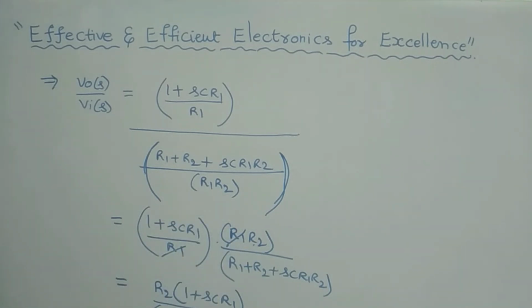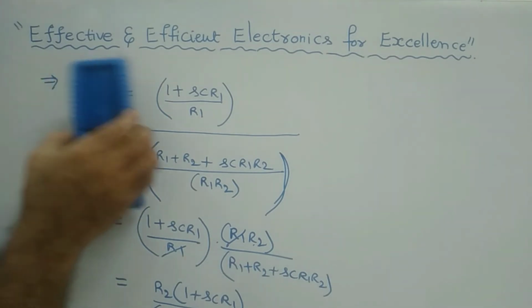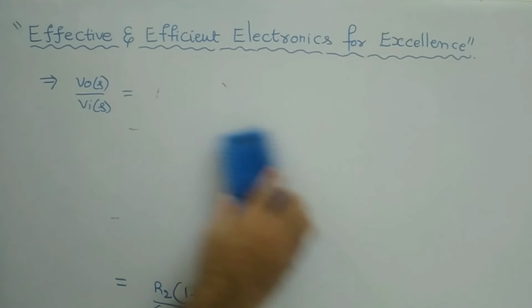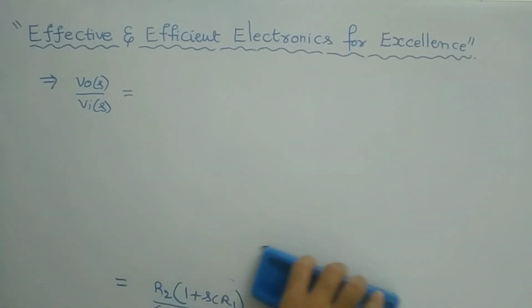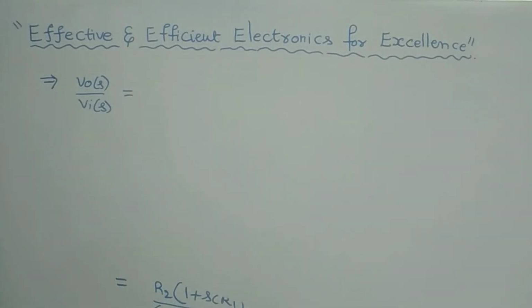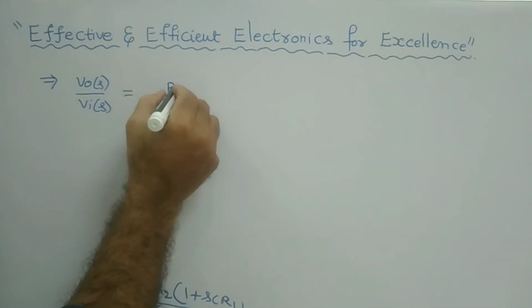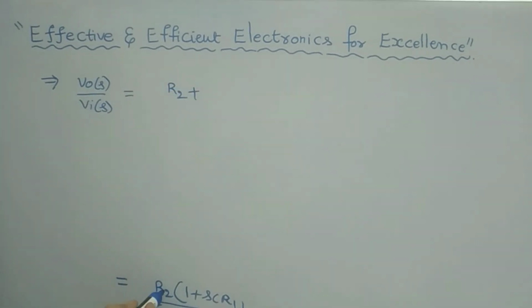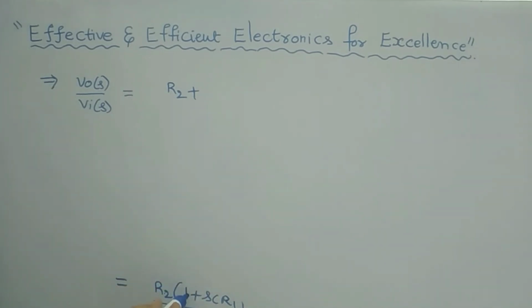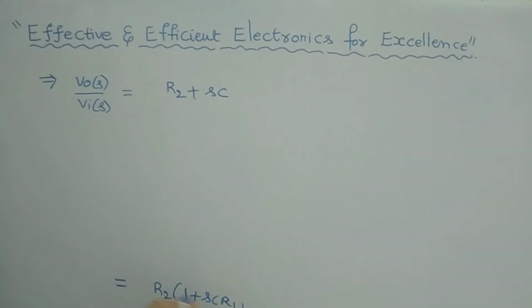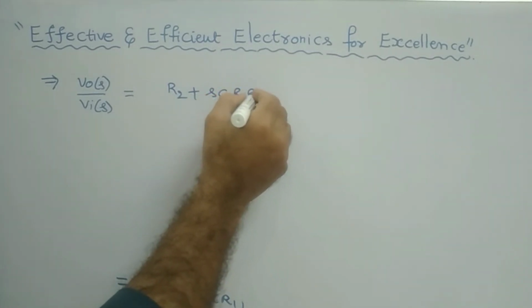Then in one or two more steps you will get your answer. Now we are reaching your answer, and finally what I will write is 1 plus SCR1 into bracket, and furthermore, if you simplify this, R2 multiplied inside, R2 into 1 is R2, plus again you multiply that SC R1 R2, you can write it like that, R1 and then R2.